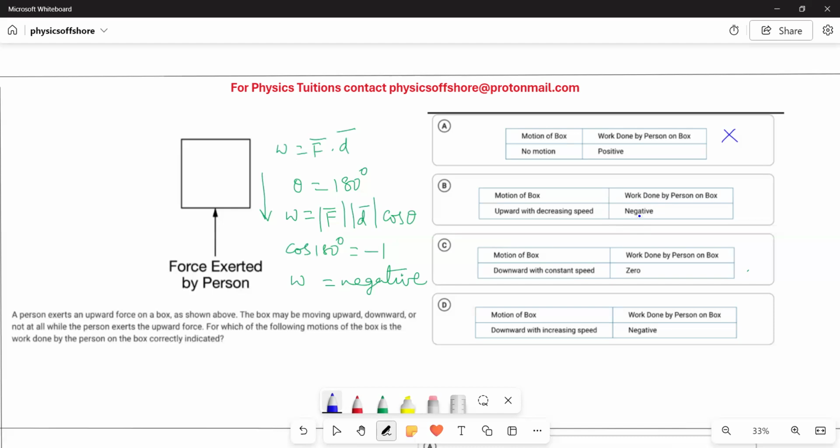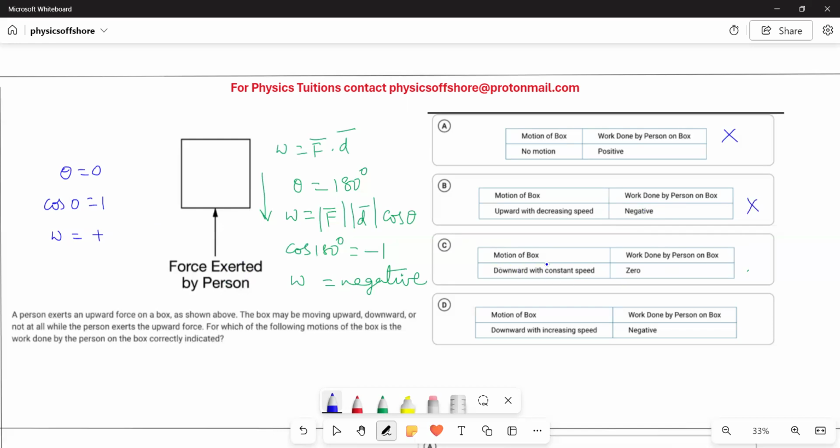It is wrong. It is positive. When the box is moving upwards and the force is also upwards, theta is equal to 0, and cos 0 is equal to 1. Therefore, work done is positive. But he is saying it is negative, so this is also wrong.